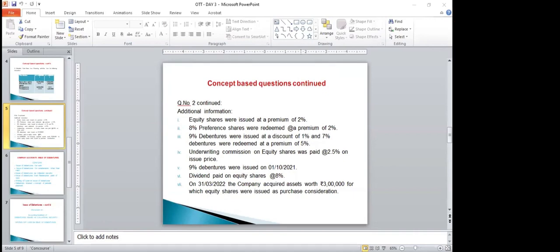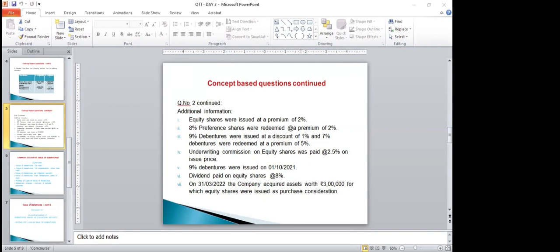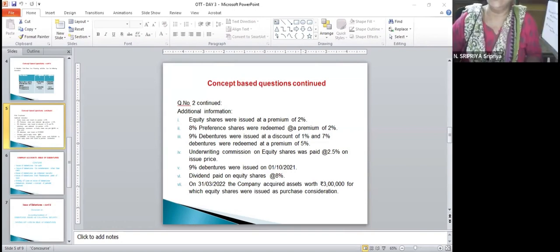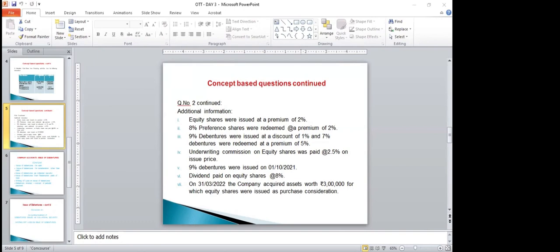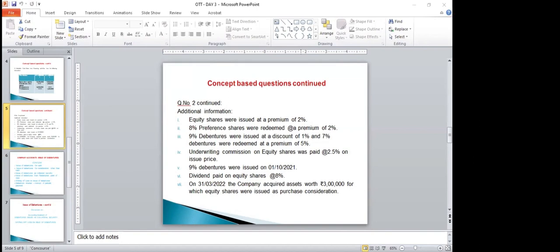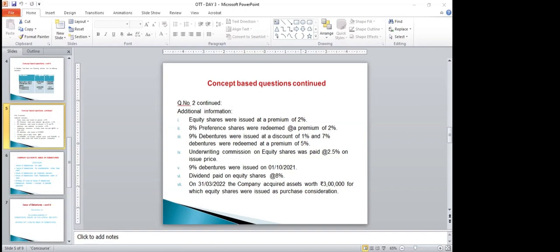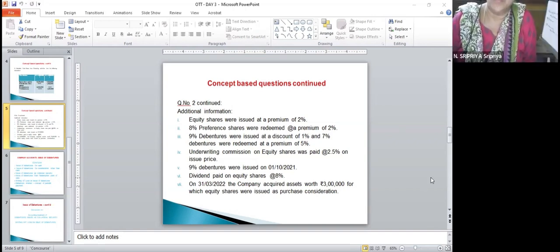Totally only 6 items, I know that, but sir, what I am saying is that I have seen a cash flow statement with 3 columns in the TS Grewal book. Sir's voice is completely breaking.